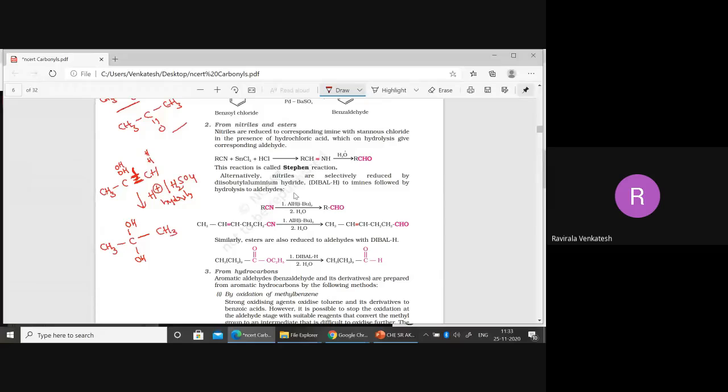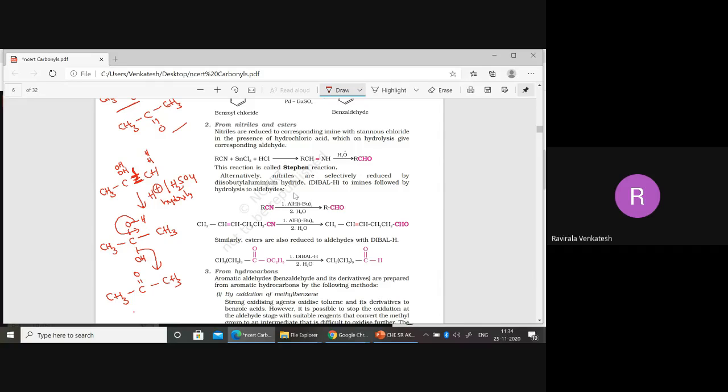CH3. Now what you have to do after this? The hydrogen you are taking here, you put like this. This sigma bond is shifted over here, and the OH will be removed here. So you are going to get CH3 C double bond O CH3.